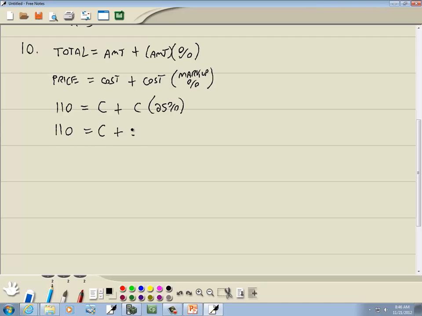So this would be 0.25C. We move our decimal place 2 places left to change it to decimal form. Now this one's not too hard to combine. They're like terms. There's the invisible 1 here, so 1 plus 0.25 gives us 1.25C. Now to solve for C, all we have to do here is divide by 1.25.